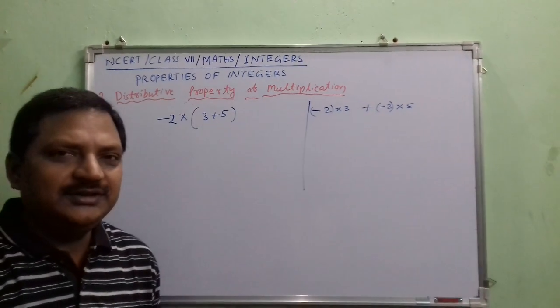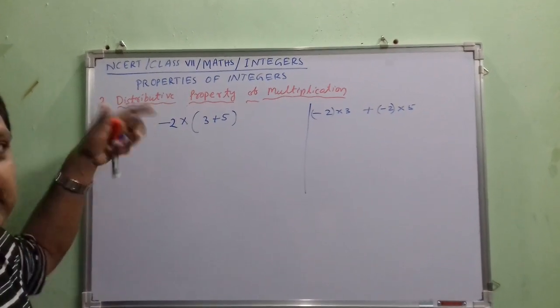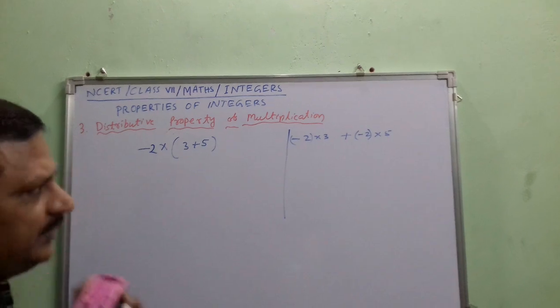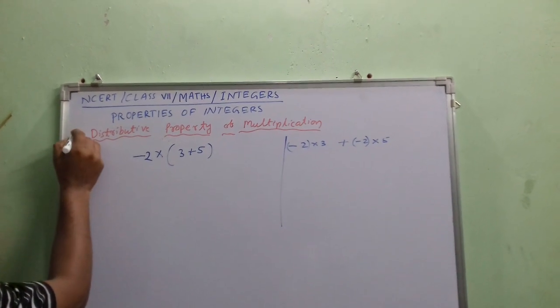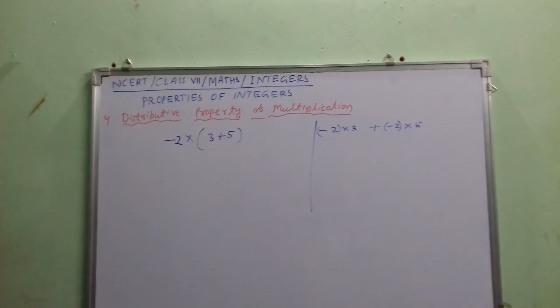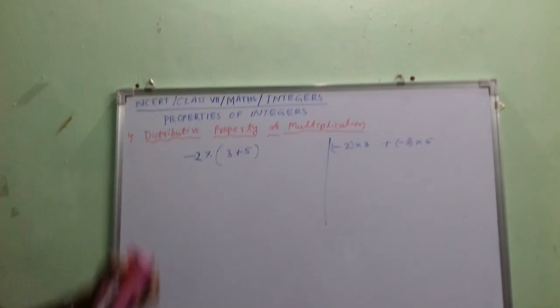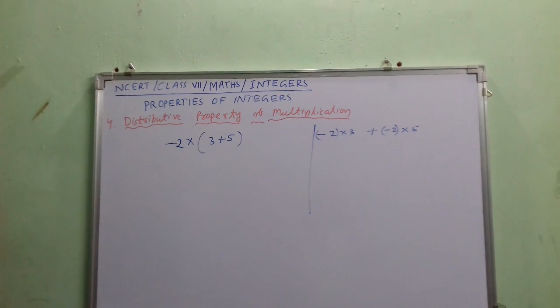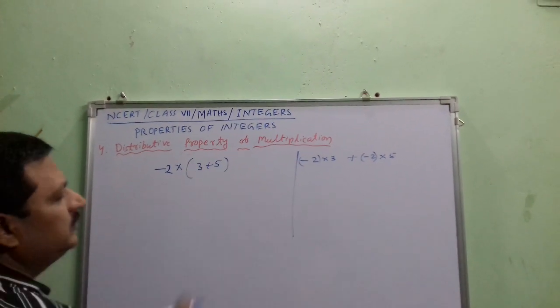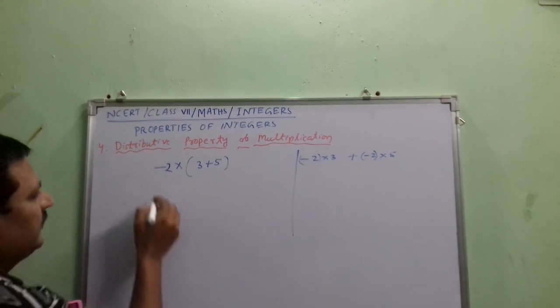Now let us consider the next property, the distributive property of multiplication. You have already learned three properties, and here we shall learn the fourth. Let's take one example, minus 2 into (3 plus 5).